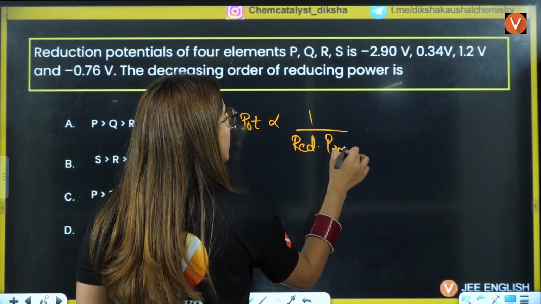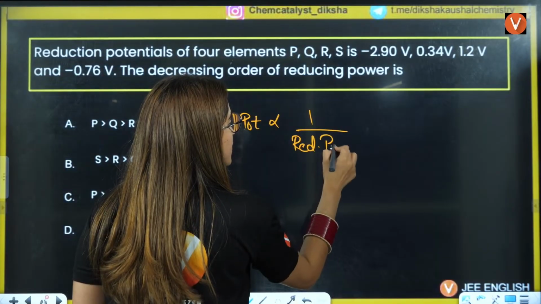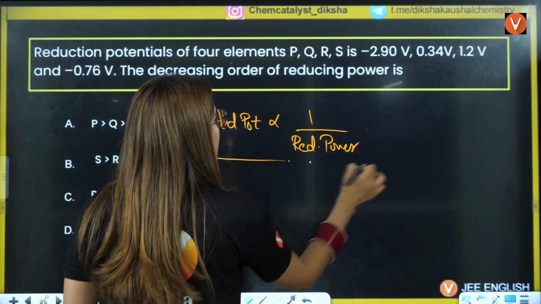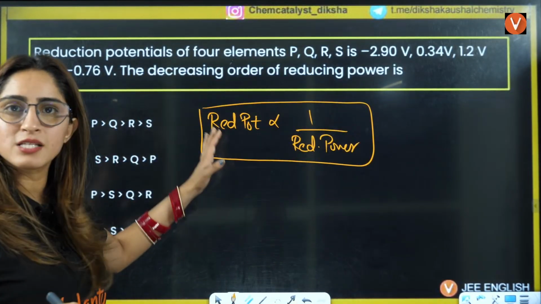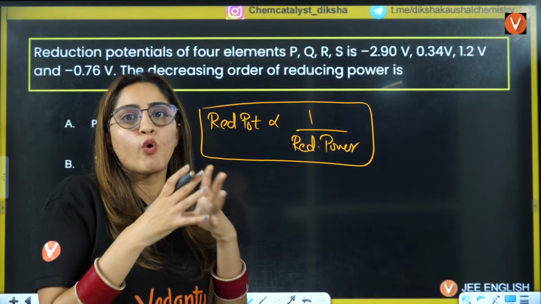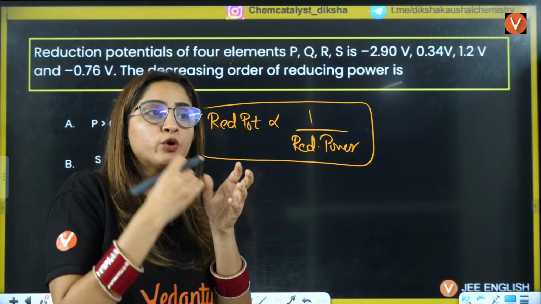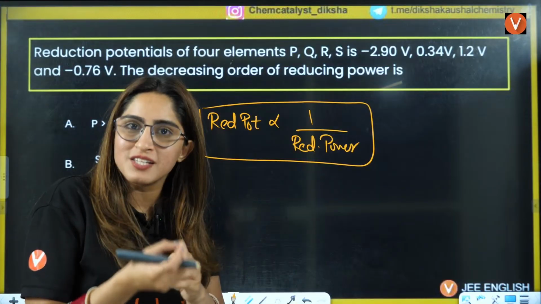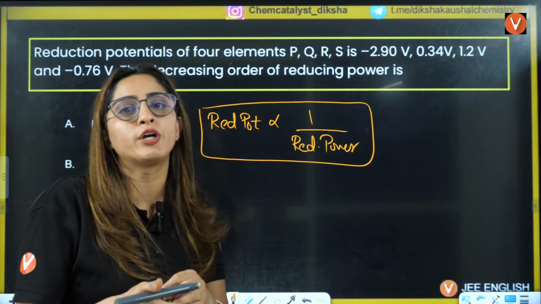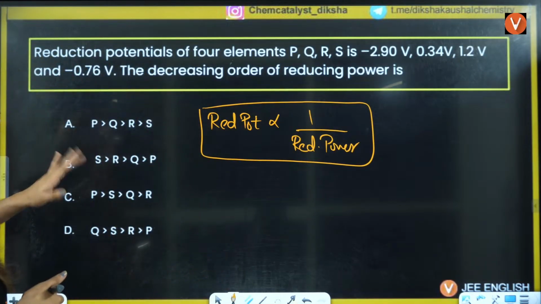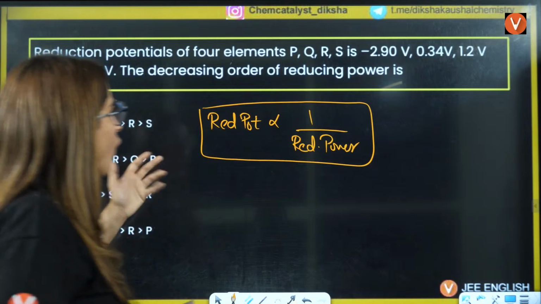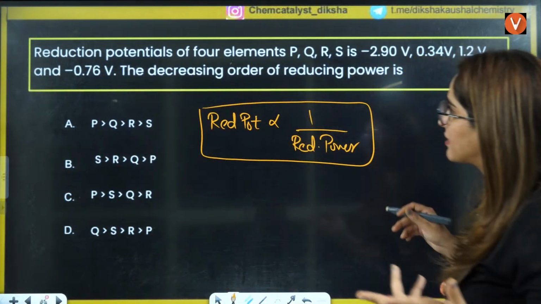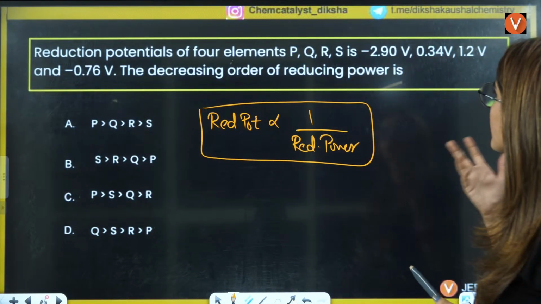If someone has a very good tendency to get reduced, they would want to oxidize something else. That means they are a very good oxidizing agent, but a very poor reducing agent. So here, just see the opposite of reducing. They're asking you the decreasing order of reducing power.